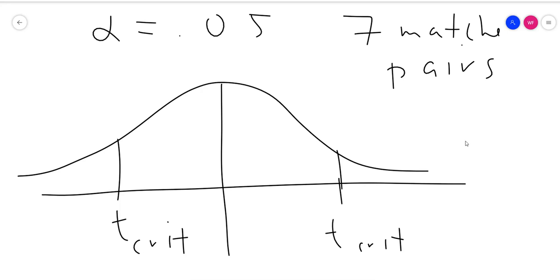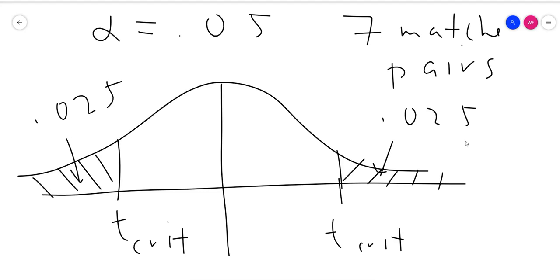I don't want to get into the variation of a 1-tailed test here. Anyway, with that alpha equals 0.05, this time the area to the left of this one is half of 0.05, which is 0.025. And this area also is 0.025. Now, because there's 7 matched pairs, the degrees of freedom would be 6, 1 less than the number of matched pairs.